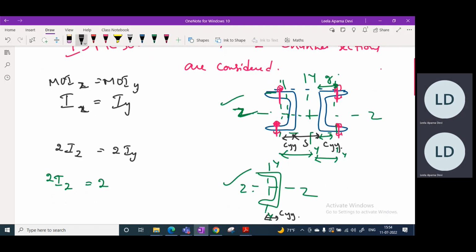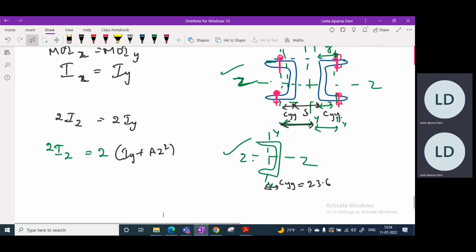Okay. So this will be 23.6. So for parallel axis theorem, this much distance will be calculated as Z, means IY plus AZ square you have to consider.